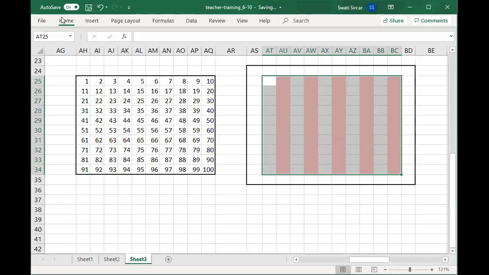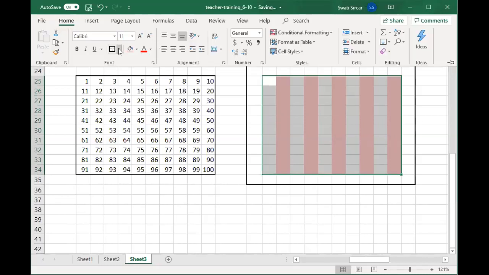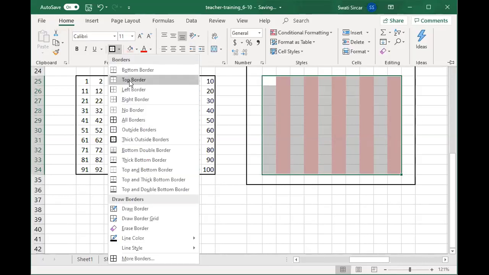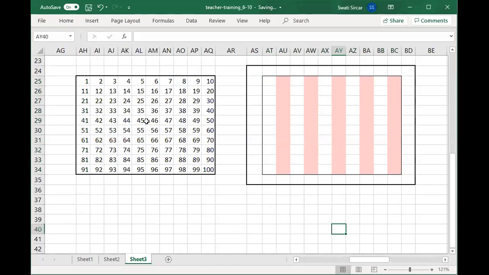If you superimpose this on that, only the multiples of 2 will show.